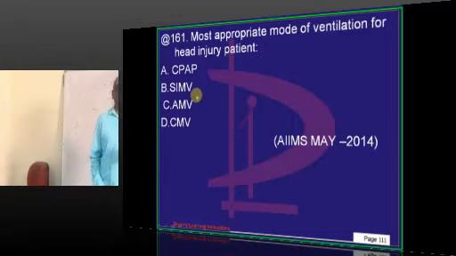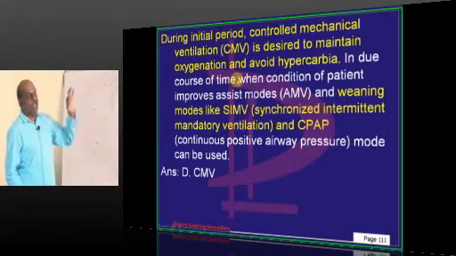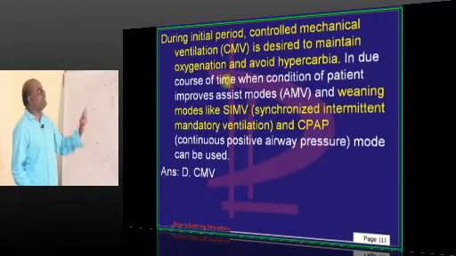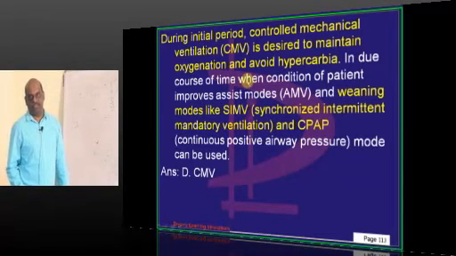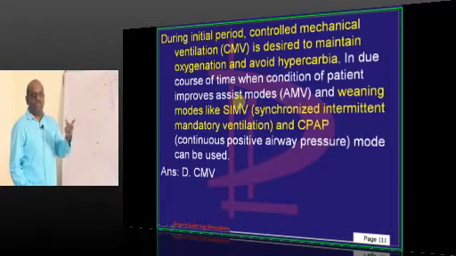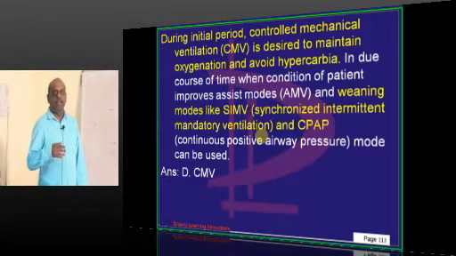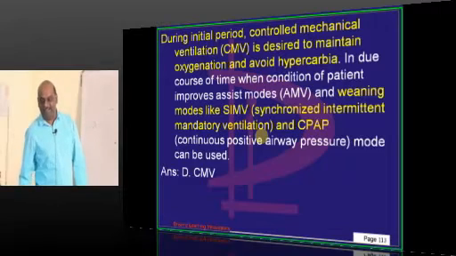Head injury patient, what is the best ventilation you want to give? So generally initial period in head injury, controlled mechanical ventilation CMV mode is the best one so that it will avoid hypercapnia and provide good oxygenation. बाद में if you say SIMV, synchronized intermittent mandatory ventilation, means what? एक दम पेशेंट लेता एक दम वेंटिलेटर लेता.